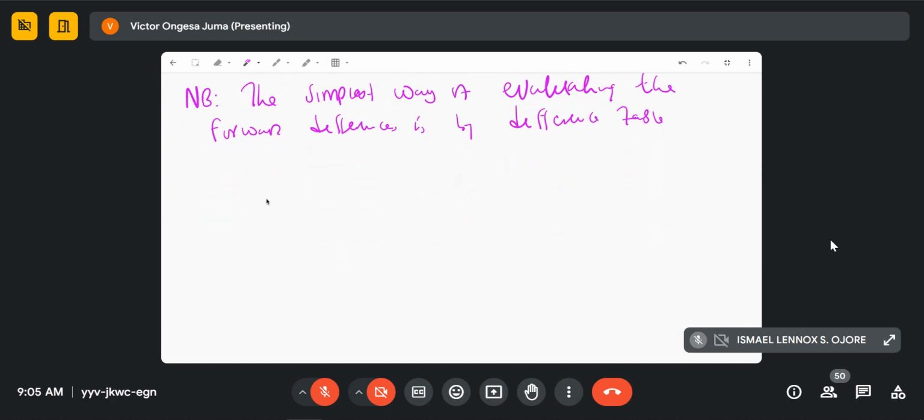And so the table looks like this. So you have a column for xi. Some people have a column for i if you want.